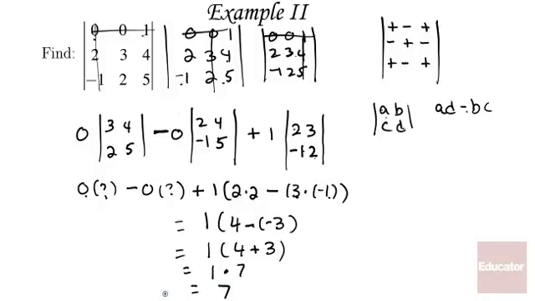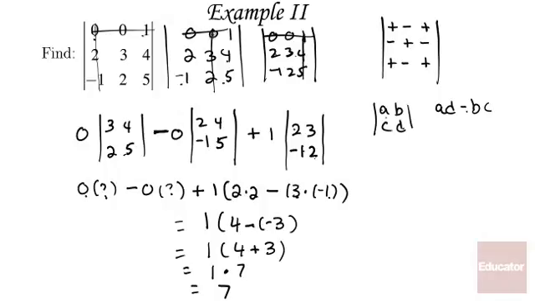Okay, so in example 2, here we found the third order determinant to be 7, and I did that by expanding the minors along row 1, and I chose row 1 because I saw zeros. So I expanded by eliminating the column and row that the first 0 was in, leaving me 3, 4, 2, 5. And that was associated with a plus.